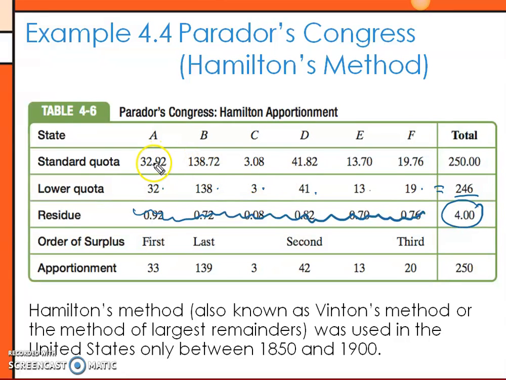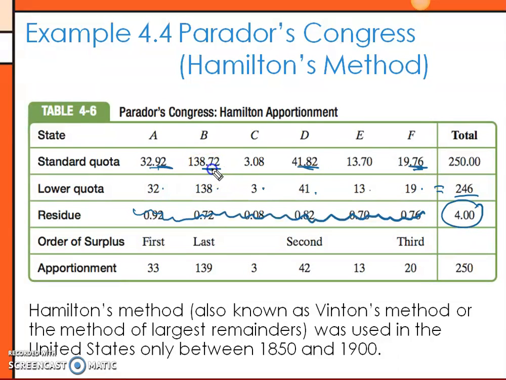Okay, so we got to rank them. 0.92 looks like the biggest decimal left over here. It was the closest to rounding up, so 0.92 is the biggest. After that, it looks like 0.82. Then it's pretty close between 0.76 and 0.72, but 0.76 is a little bigger.